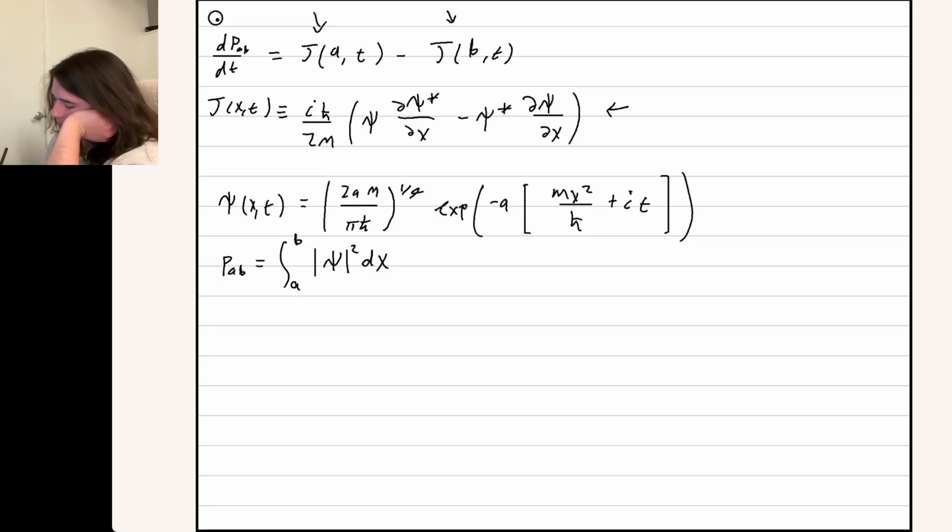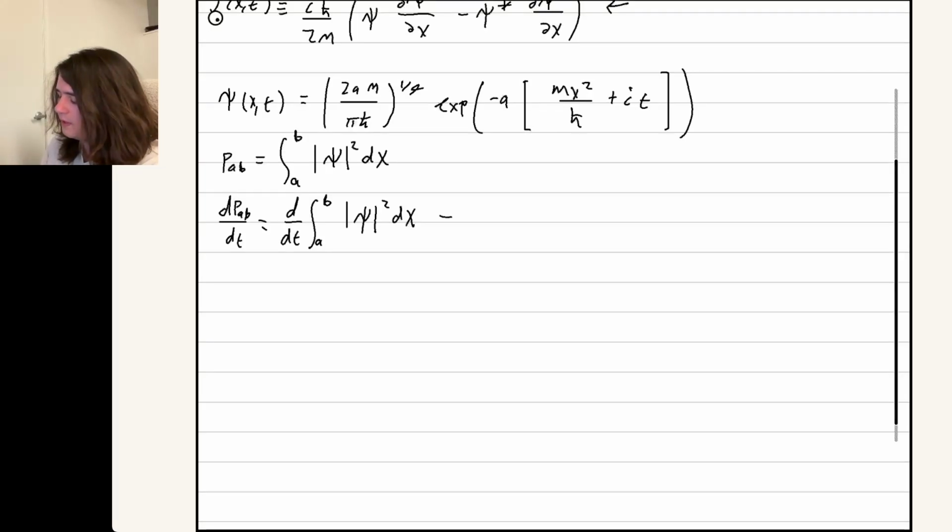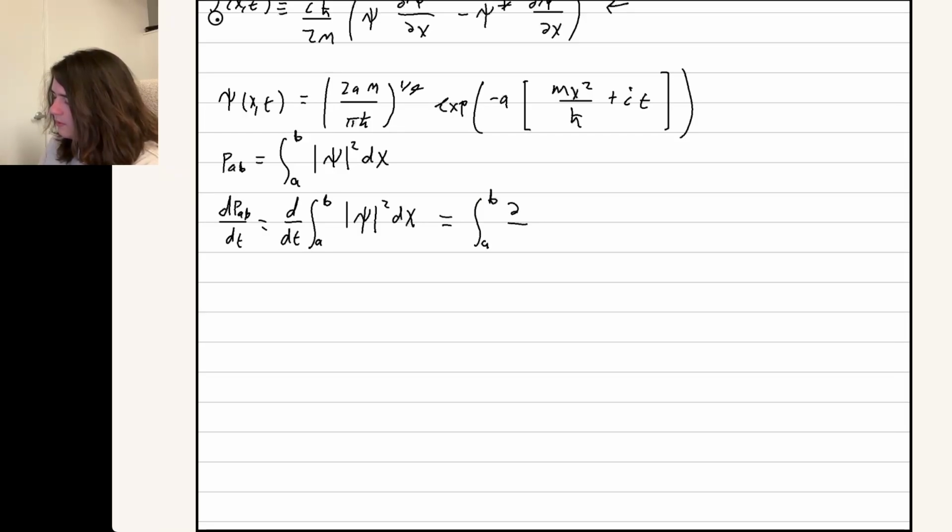So if you take the time derivative of that, you get dP/dt equal to d/dt of the integral from A to B. Funky thing is you can move that time derivative into the integral in the form of a partial derivative.